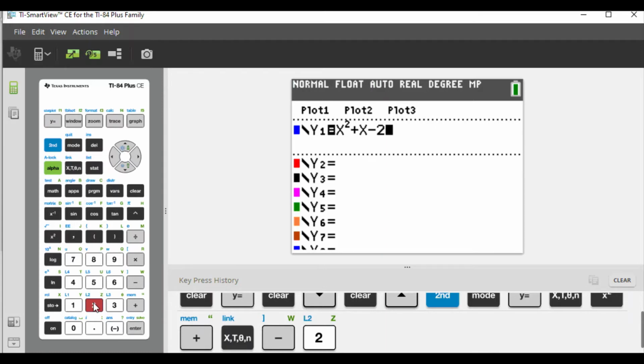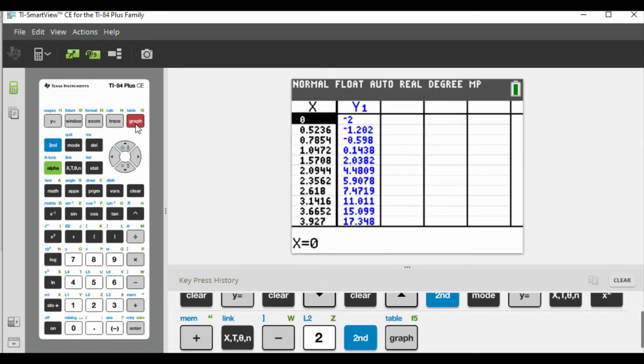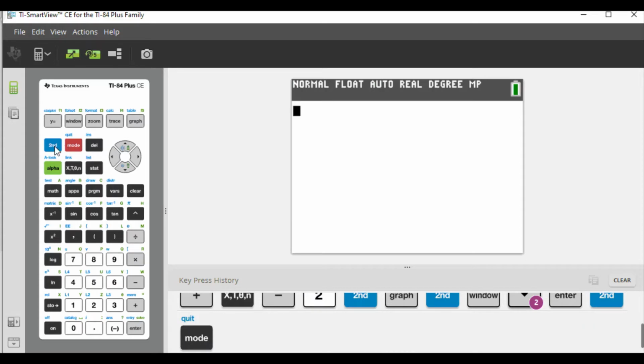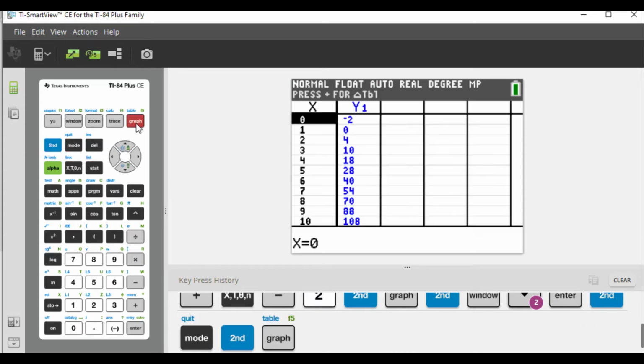Okay, and what we're going to do is hit second table to take a look here. Let's reset our table from before, so I'm going to change it to auto. Sorry about that, everybody, it's from a previous problem. Okay, and so hit second table, and we're looking at values greater than 0.